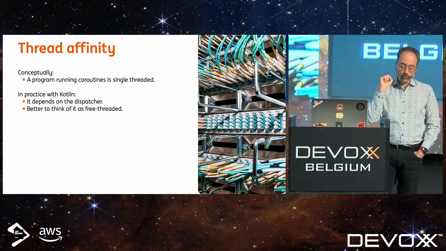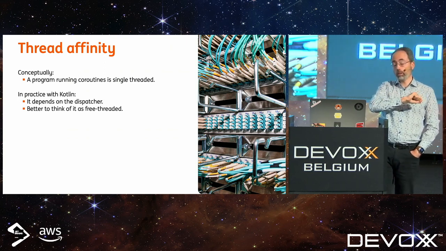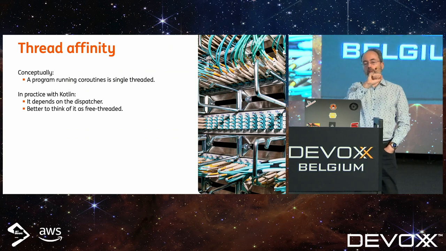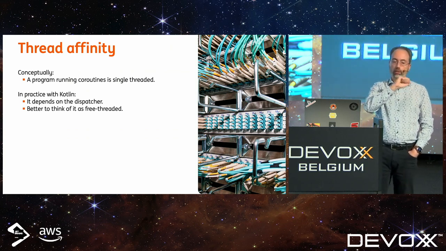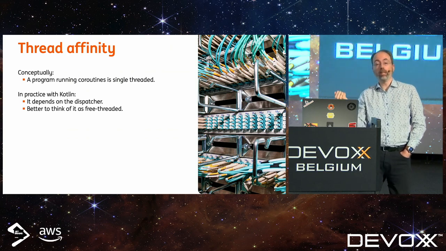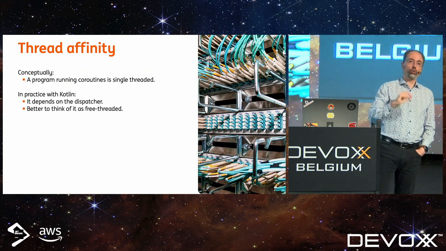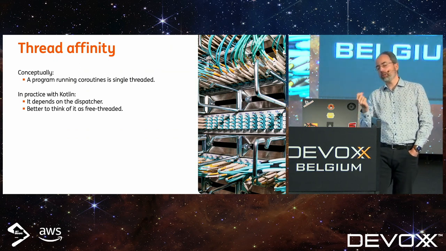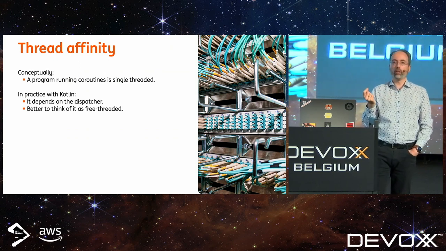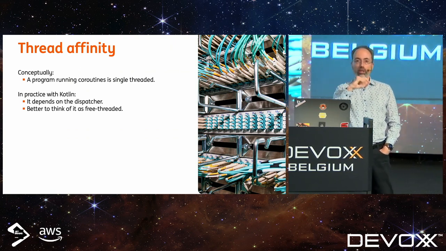Now, just like operating systems have schedulers, and the schedulers decide what thread runs when and where, the Kotlin runtime has dispatchers to handle coroutines. Of course, the dispatcher does not decide who runs when. That's up to the coroutines to have suspension points.